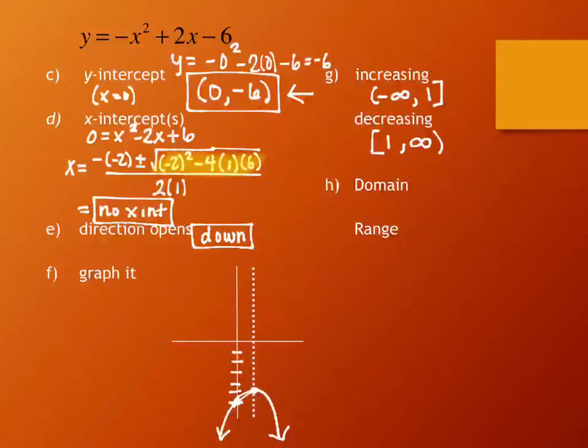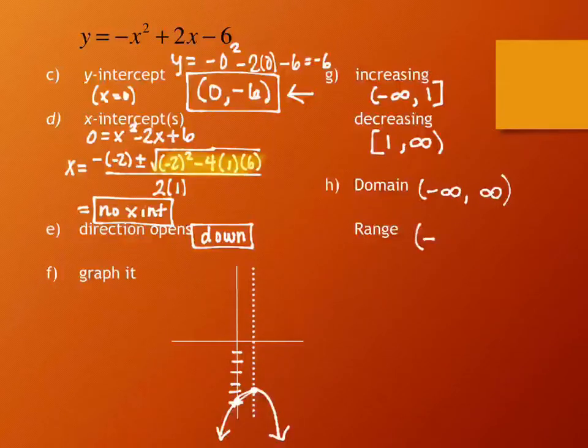Okay, so domain and range. Domain means x values I'm allowed to have. If I'm walking from left to right along the x-axis, what values do I have? All real numbers, negative infinity to infinity. Range is y values, as I'm climbing up the y-axis.